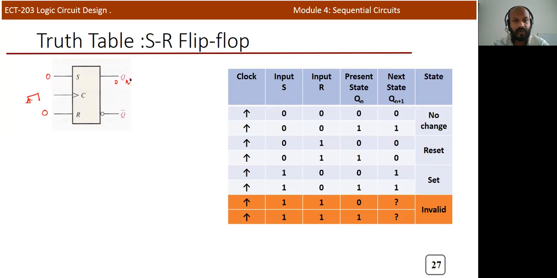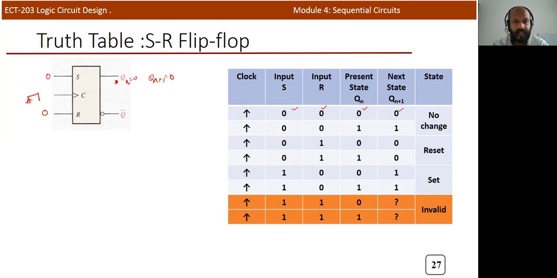Initially Qn is equal to 0 before applying the clock pulse, and after applying the clock pulse, the next state Qn plus 1 will be equal to 0. That is indicated here. The SR inputs are 0, 0, the present state of the system is 0, and the next state is 0.